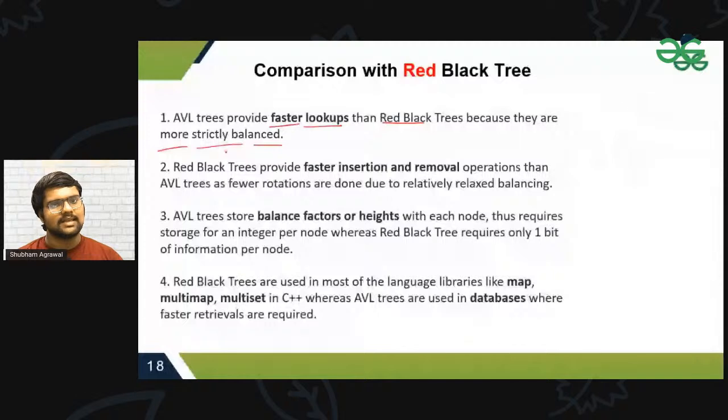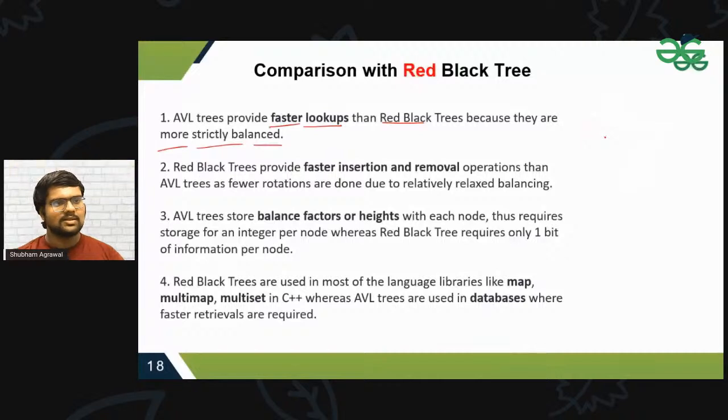If the color property and the black node property are satisfied, it can have a difference of more than 1, even a difference of 2, in the height between the last level and the upper levels.